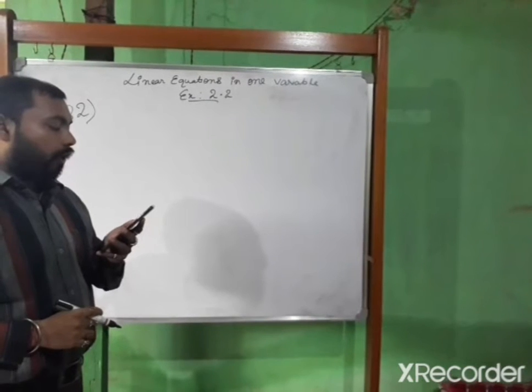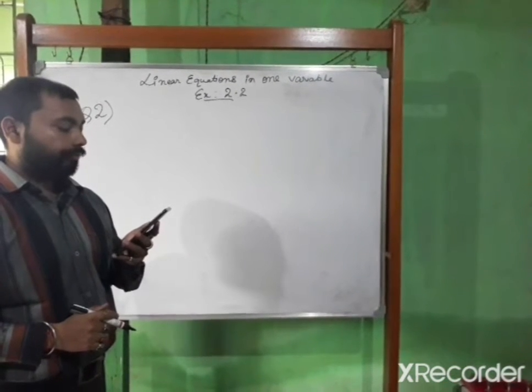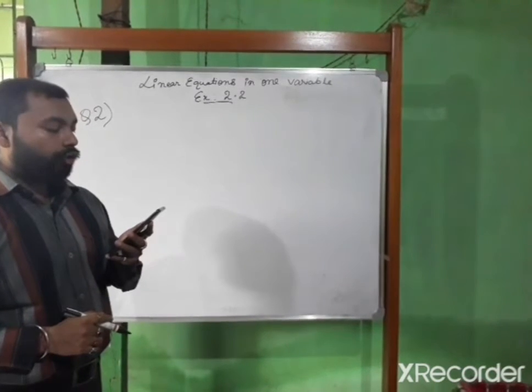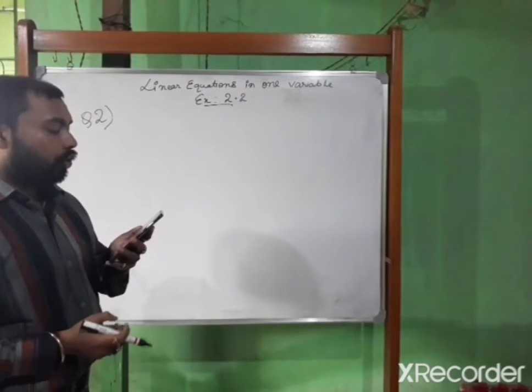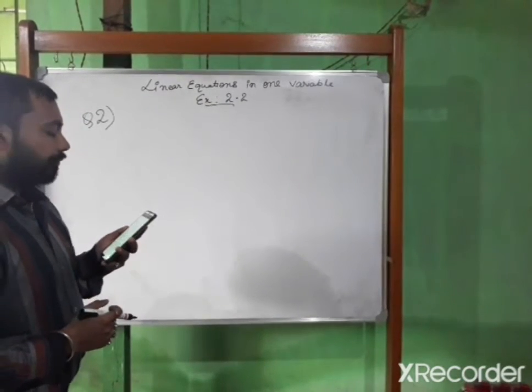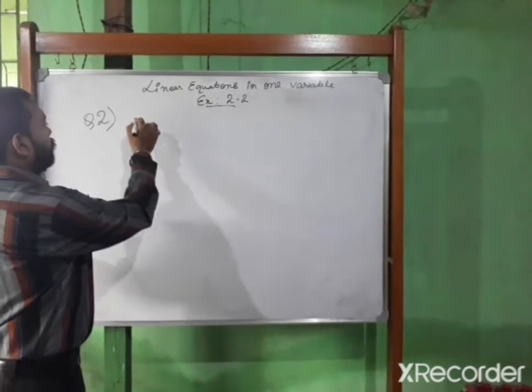The perimeter of a rectangular swimming pool is 154. Its length is 2 meter more than twice its breadth. So let us take the breadth of the rectangle as x.